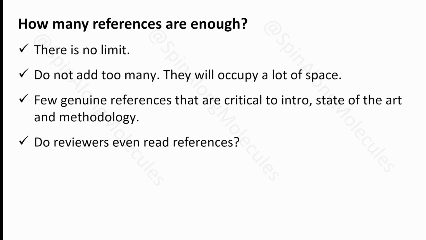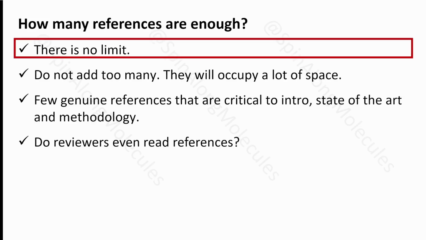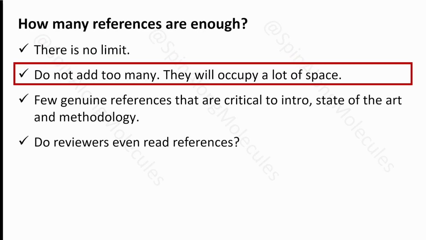So the first thing is how many references are enough. Honestly, there is no limit. You can add as many references as you want, but we don't want to add too many, so that they occupy a lot of space. We have limited space, especially since references go to the excellence section, and we have five and a half pages for it. So I would not recommend adding too many references.